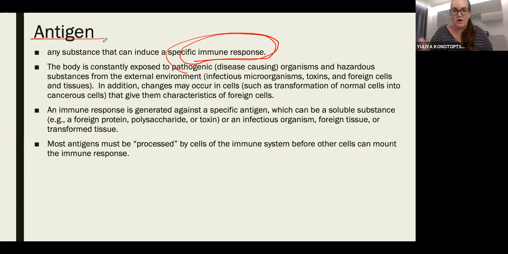You call that marker an antigen. What can be an antigen? Foreign protein, polysaccharide, toxin, an entire infectious organism, foreign tissue, or transformed tissue. Transformed tissue is cancer. Even your own cancer cells within your body can still be considered foreign because that's not supposed to be there.